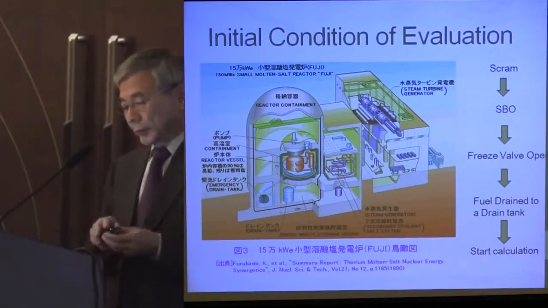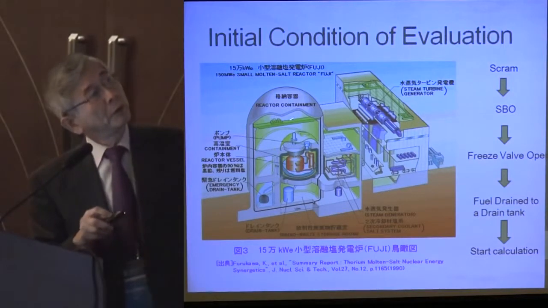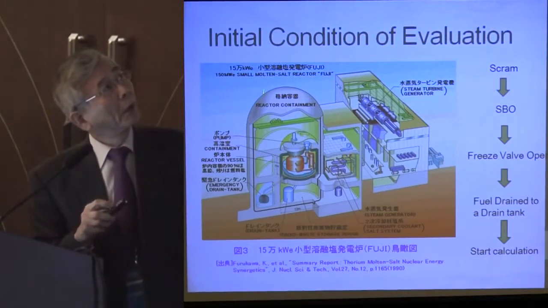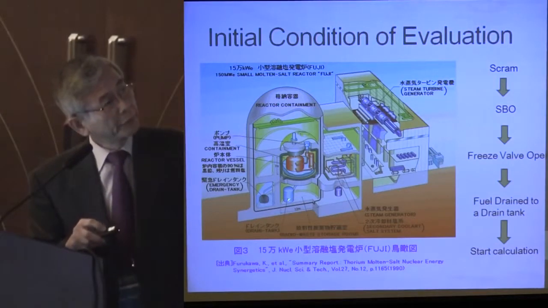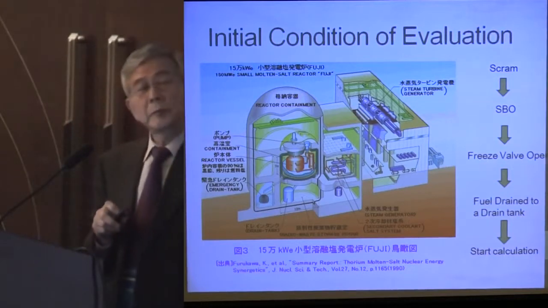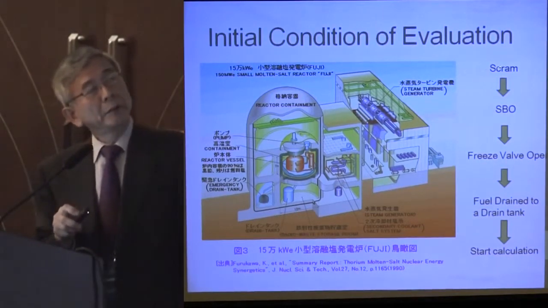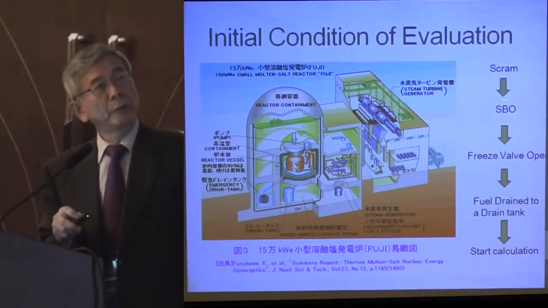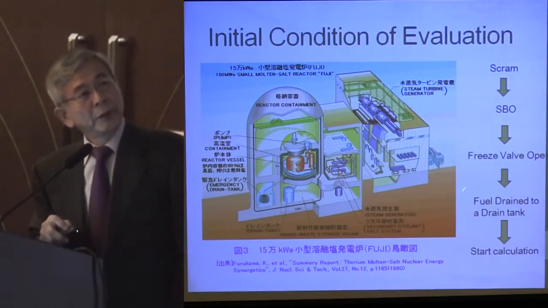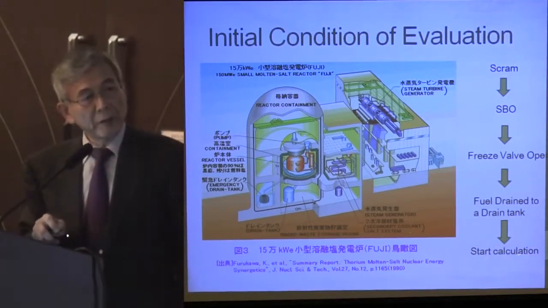And this is another bird's-eye view figure of the FUJI 2. This is a drain tank. Our evaluation model this time is very simple. The reactor has clamps, a station blackout occurred, the freeze valve opens, and fuel drains to the drain tank. Then we start the calculation.